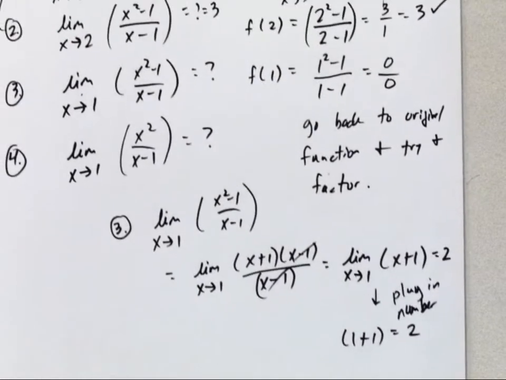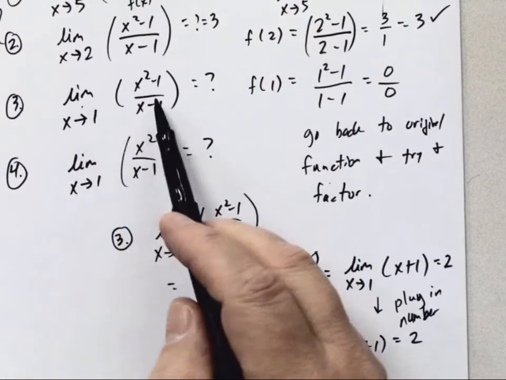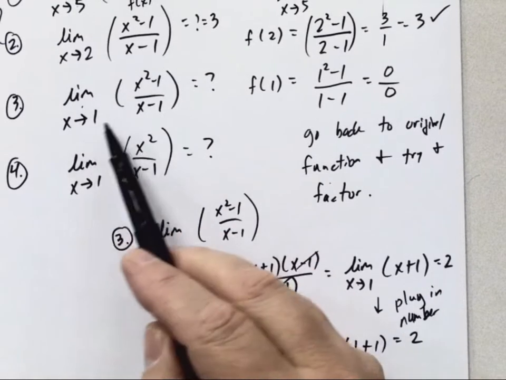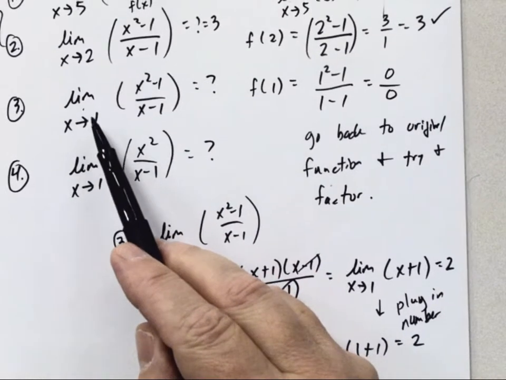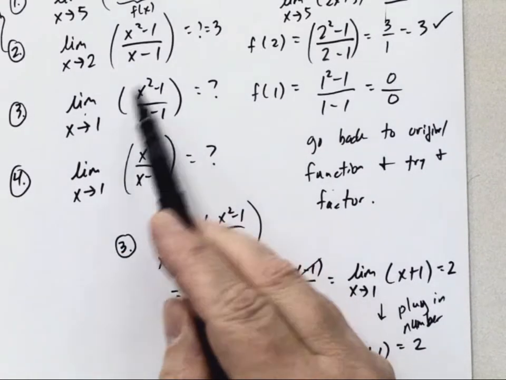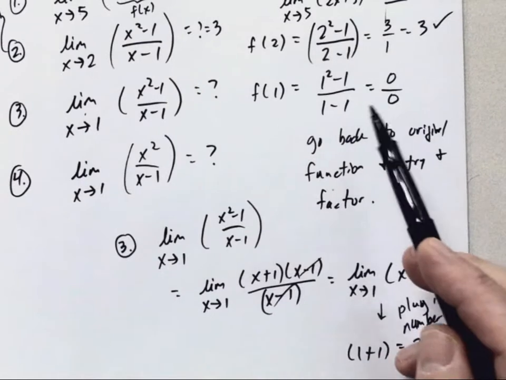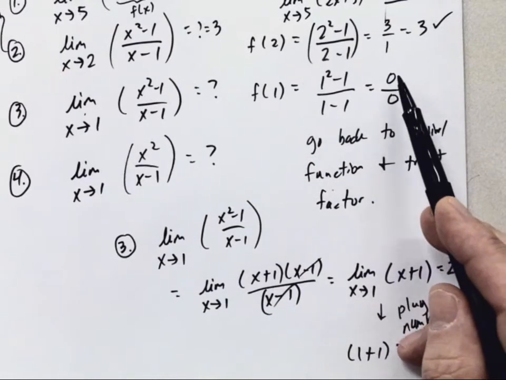So let's review what happened. First step's always the same. If you're trying to take a limit, you take the value that x is approaching, you actually just plug it into your function. You're hoping it's going to be a number, but in this case it's not a number, it's 0 over 0.